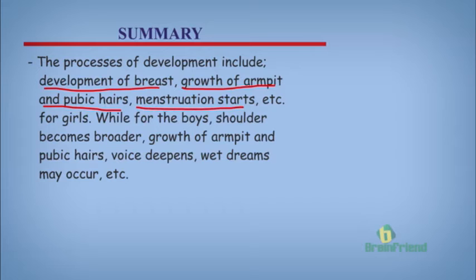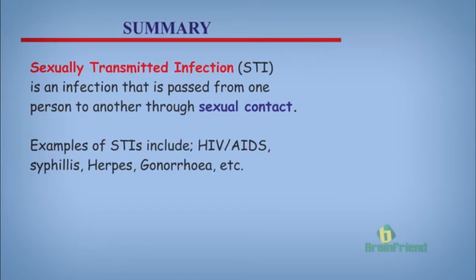While for the boys, your shoulder gets broader. You have growth of armpit and pubic hairs. Your voice deepens. And then you might experience wet dreams. We also looked at sexually transmitted infections.